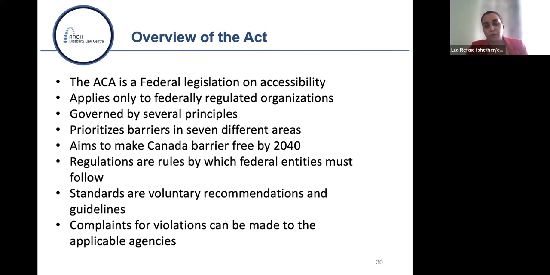Another important point to keep in mind about the Accessible Canada Act is that it is governed by several principles, and those principles really are what guide the entities and the agencies and the federal government to enhance and ensure that Canada becomes a barrier-free country by 2040.